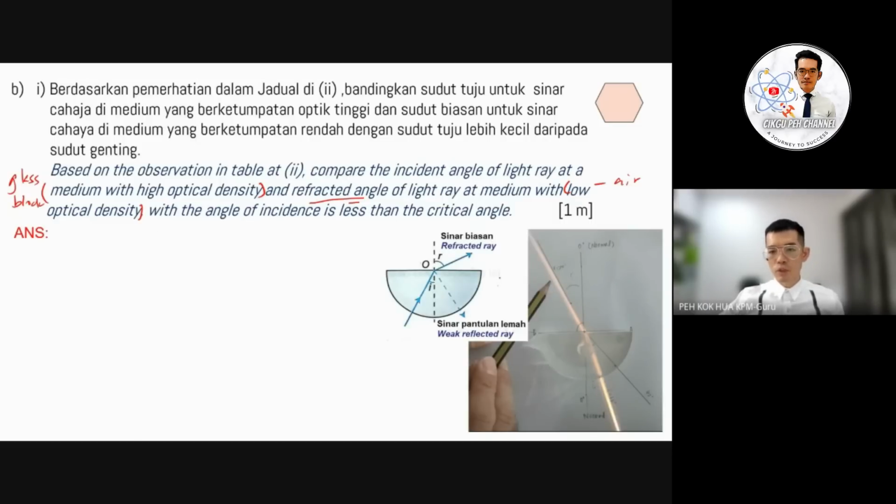So the question is asking you to compare the I and R when your incident angle here is less than C. So here the refraction occurs.